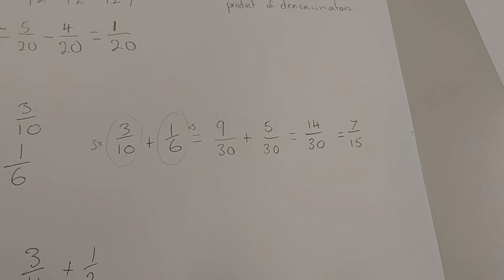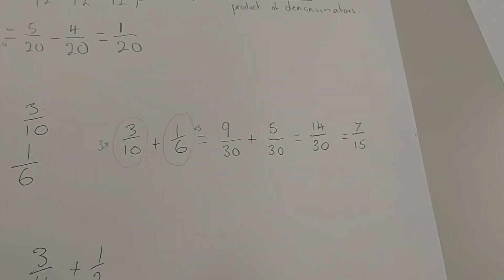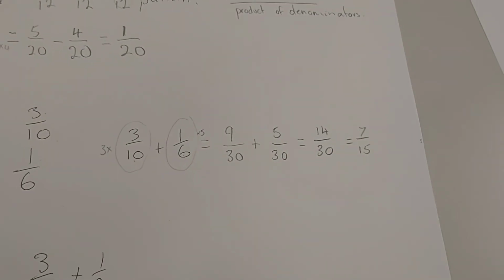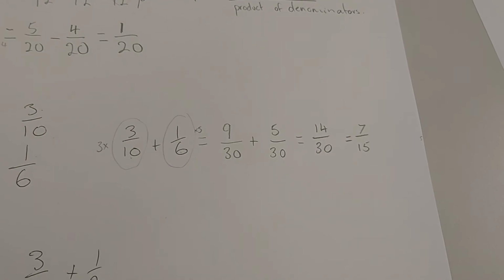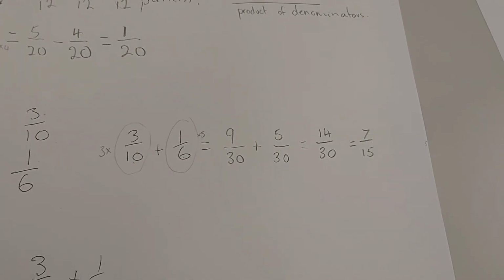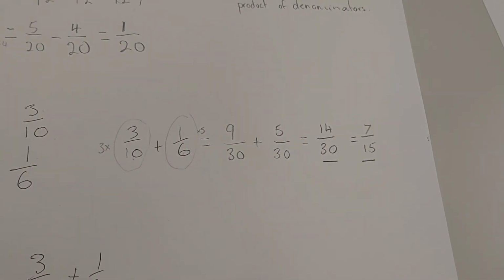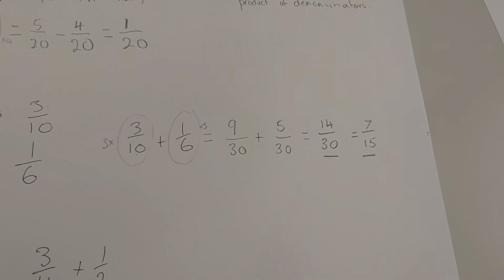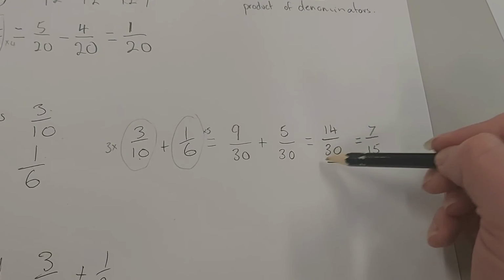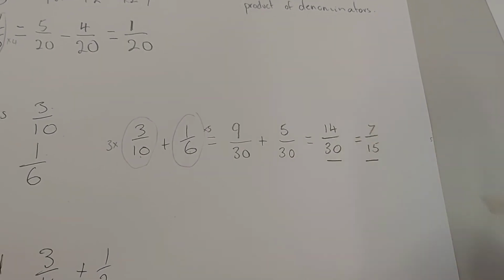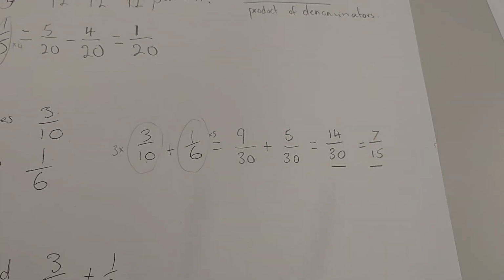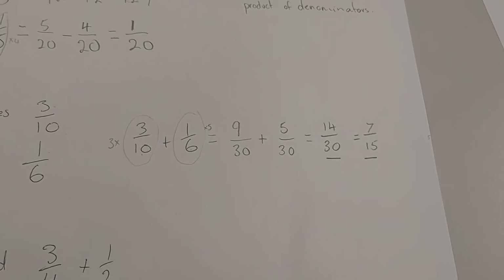No, not really. So we've got 7/15. Now, that is how much Mrs. Amatullah and I have picked together. Okay, these two amounts are exactly the same. If you have a look on your fraction wall and you have 14 lots of 30 and 7 lots of 15, it's exactly the same amount, okay?